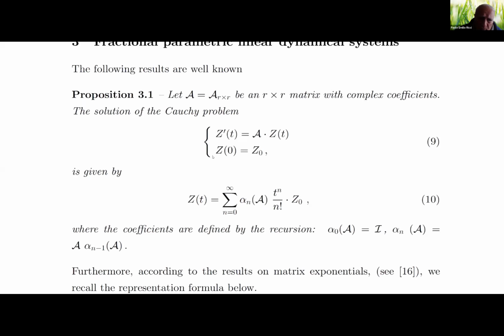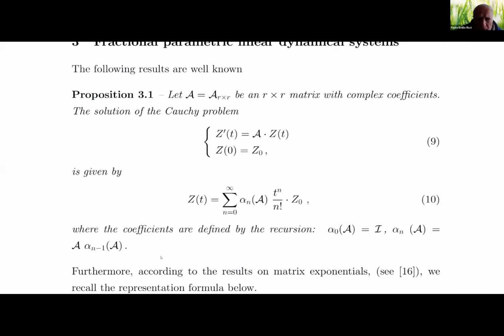The solution of this problem with the initial condition zeta 0 is given by this formula here, in which the coefficients satisfy a recursion. The first one is I, the identity, and alpha n is A times alpha n minus 1. Then we have the recursion for computing the coefficients.